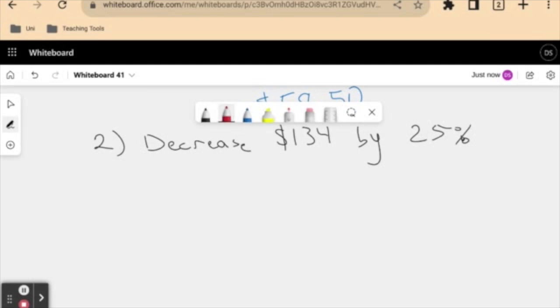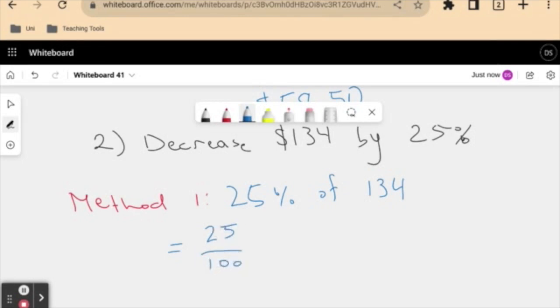So doing this first with our method 1, well, let's first find 25% of 134. And some of you may have picked up that 25% is like a quarter, but I'll do it the longer way in any case. So this is a fraction, 25 over 100.